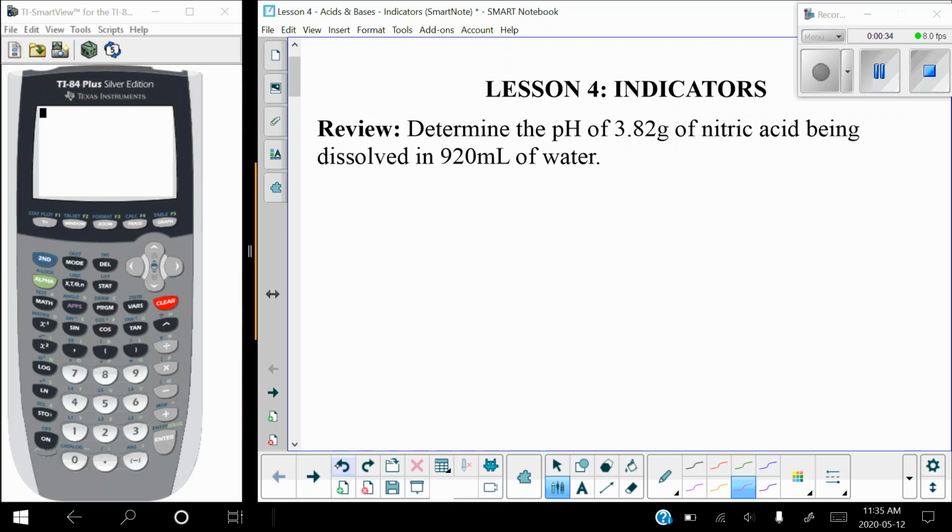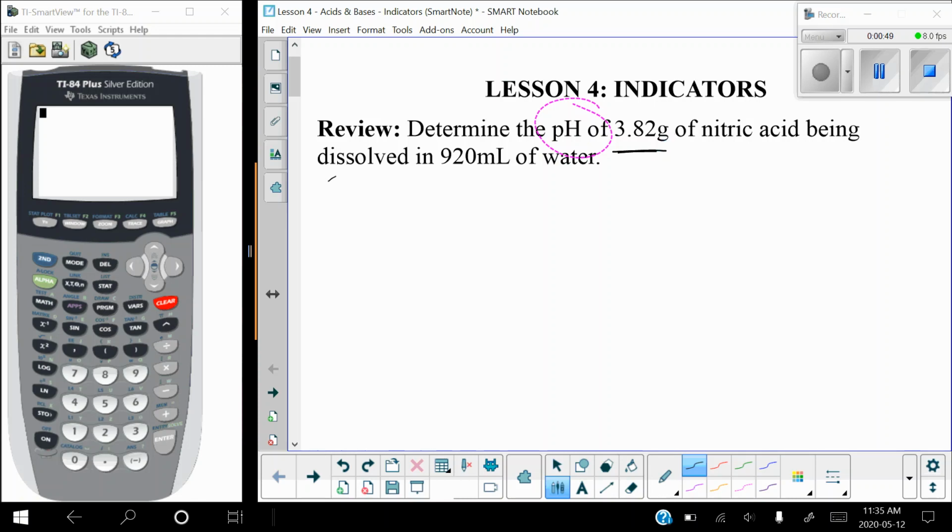of 3.82 grams of nitric acid. So when we are involved with a problem like this that gives us grams and we need to find the pH, first we need something to relate to the flow chart.